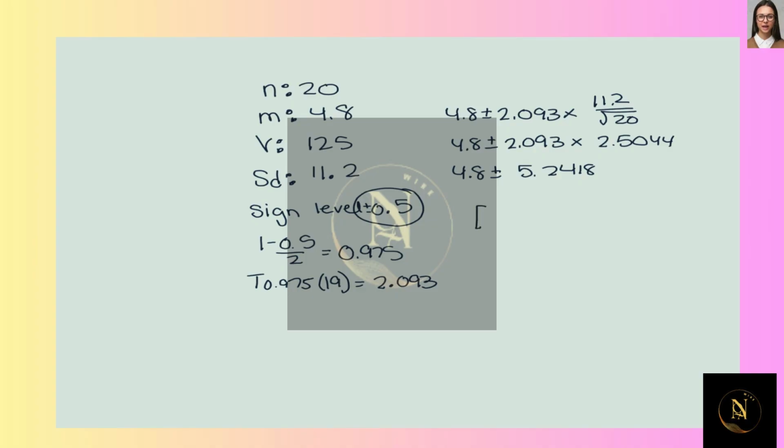And so then you have 4.8 minus 5.2418, and you have negative 0.4418. And then if you add them, you're going to get 10.0418.